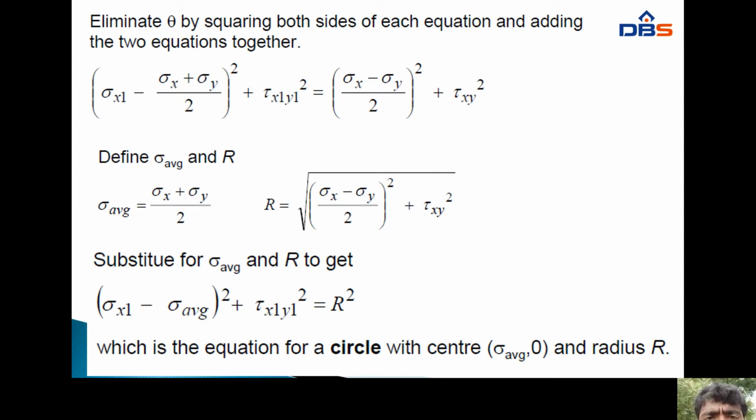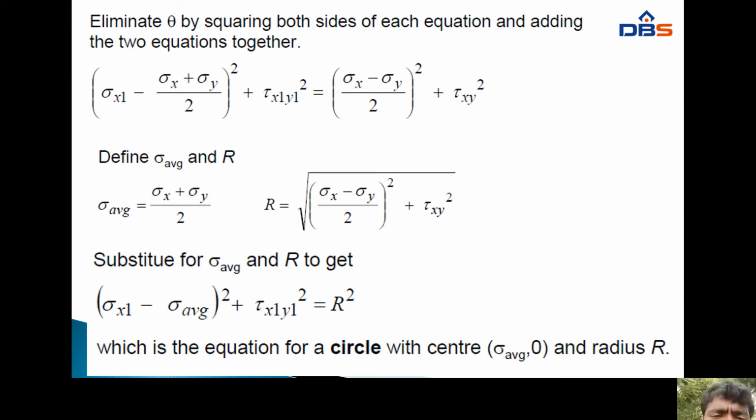Next, eliminate theta by squaring both sides of each equation and adding the two equations together. Sigma x1 minus sigma x plus sigma y by 2 whole square plus tau x1 y1 whole square equals sigma x minus sigma y by 2 whole square plus tau xy square.